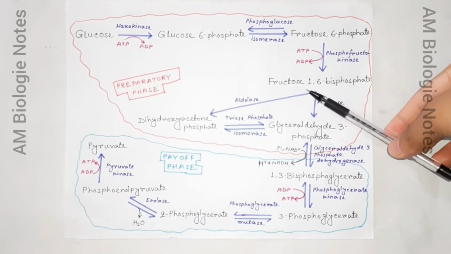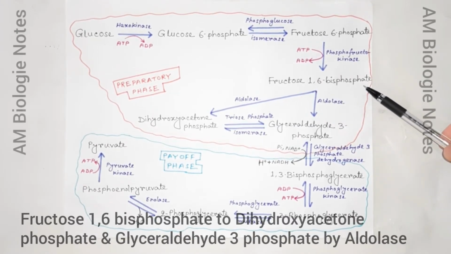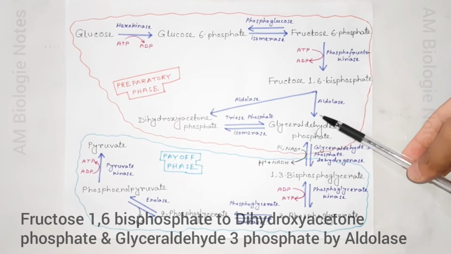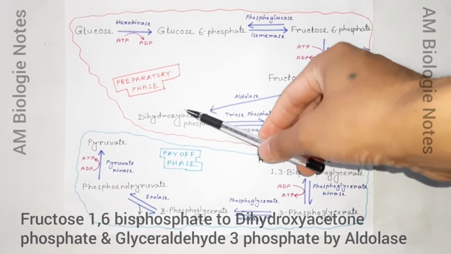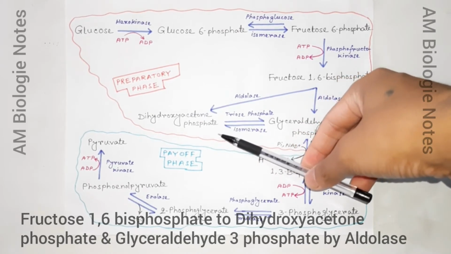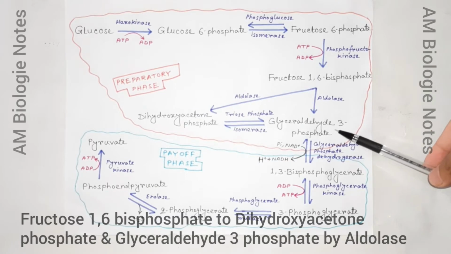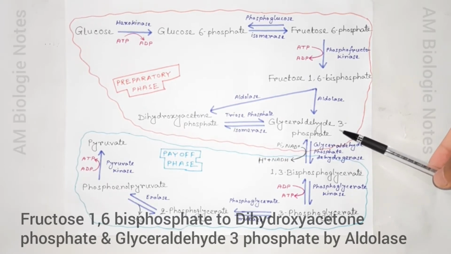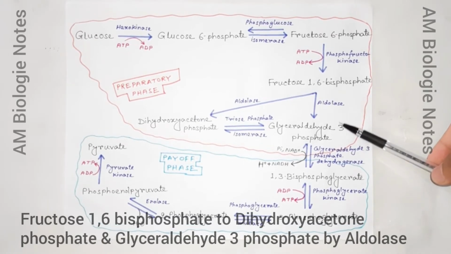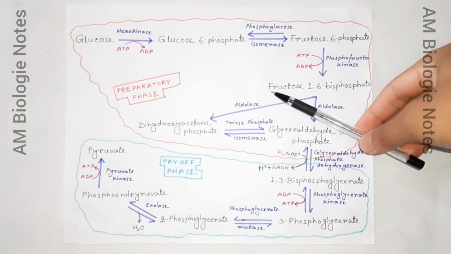In step 4, fructose 1,6 bisphosphate is split into two triose sugars. One is dihydroxyacetone phosphate and another is glyceraldehyde 3-phosphate. The enzyme aldolase is required in these conversions.